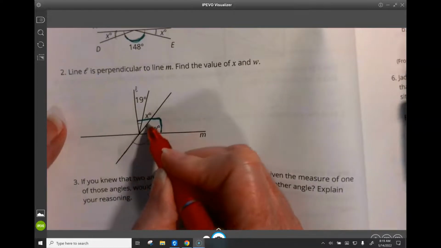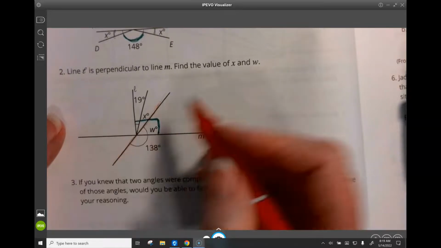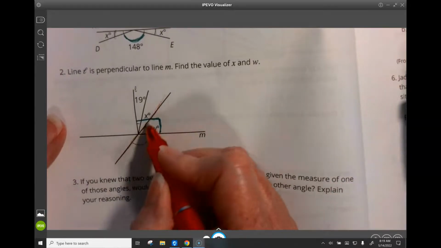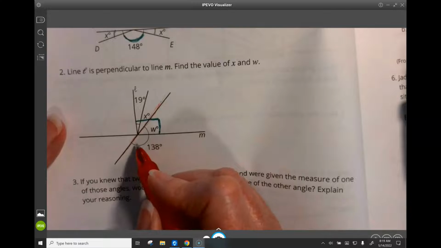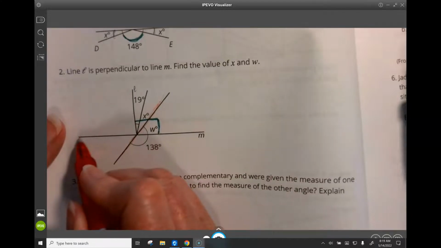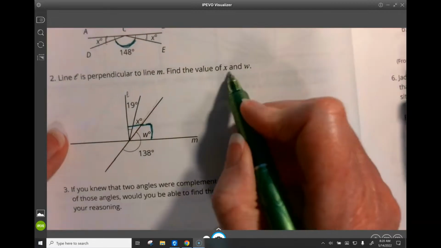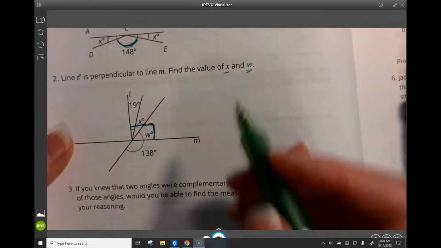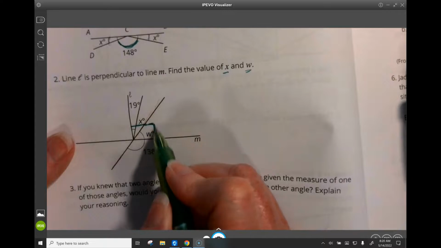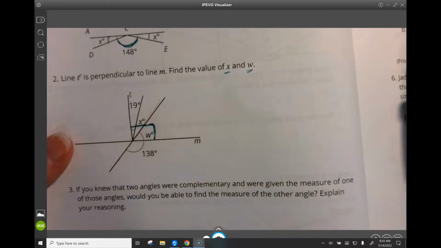So this angle with this angle is part of it. Okay, all that you need to do is find the values of X and W. I don't know why we need 138. We need to know that this is a 90-degree angle. Okay? This was trying to trick me. So, ignore that.